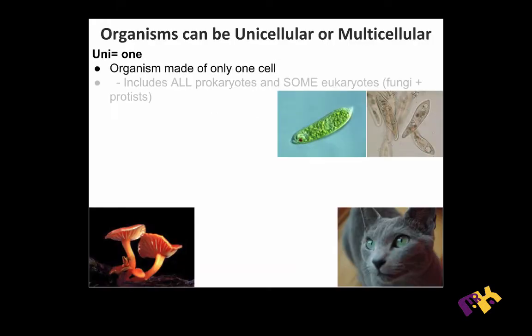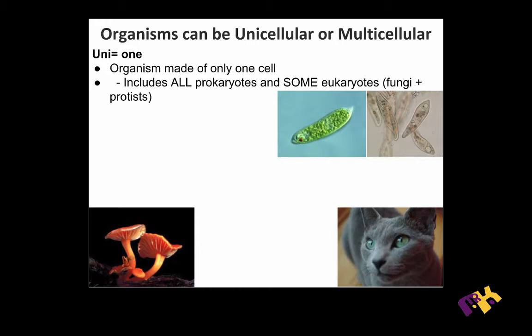Uni meaning one. All right, so organisms that are made of only one cell have to do all of those features. You know, eat, feed, or eat. We can combine those. We can call it eating. They have to be able to get rid of that waste, and they have to reproduce. Okay. They have to do all that all in one membrane. This includes all prokaryotic cells.